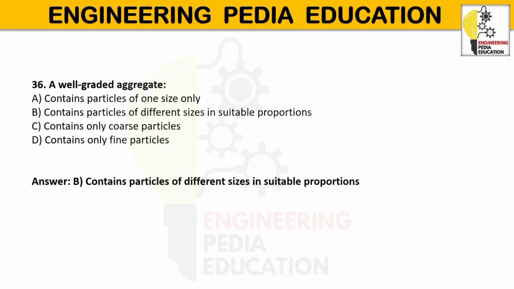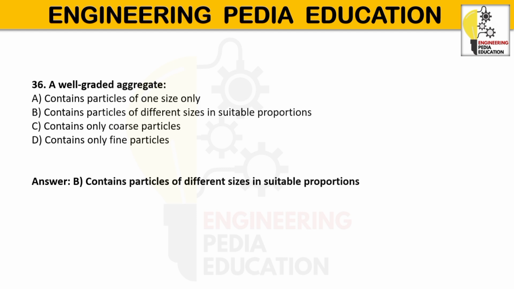Well-graded aggregate contains all sizes of particles, produces a continuous grading curve, results in minimum voids, and gives a dense and compact mass. Advantages: high strength and durability of concrete, low void content, requires less cement paste, better workability, reduced segregation and bleeding.